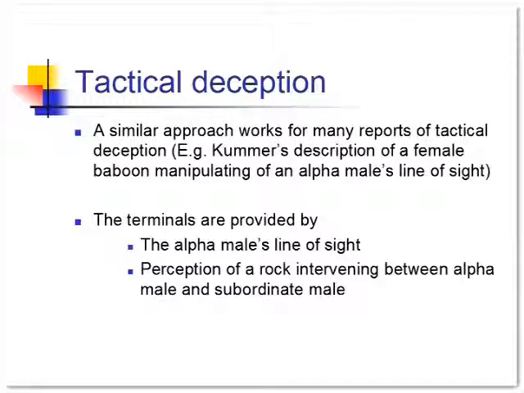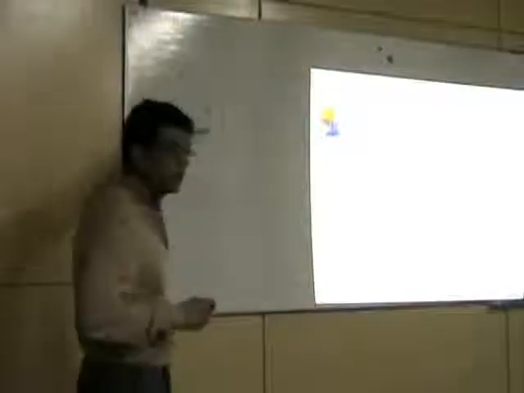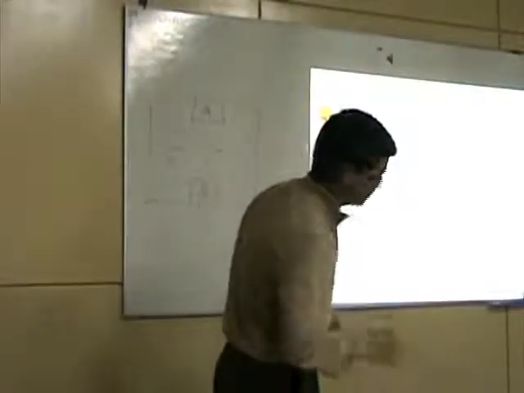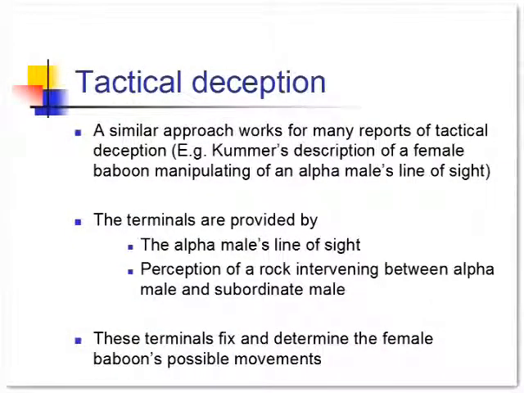So we've got the avoidance, the secret grooming frame that has terminals for perceptions of obstacles, that has terminals for alpha male's line of sight. So you can see the same frame being applied here. And those terminals fix and determine the possible movements relative to the obscured line of sight.